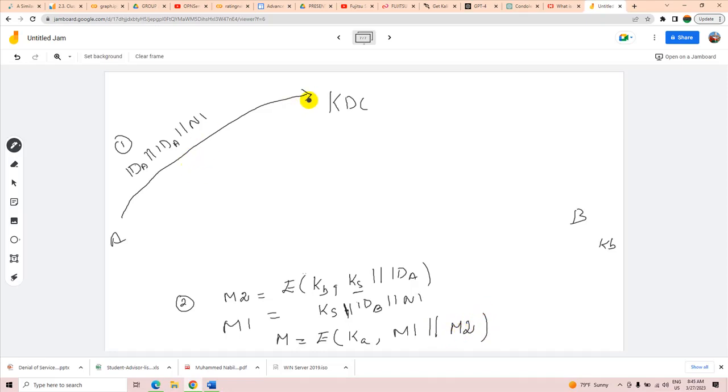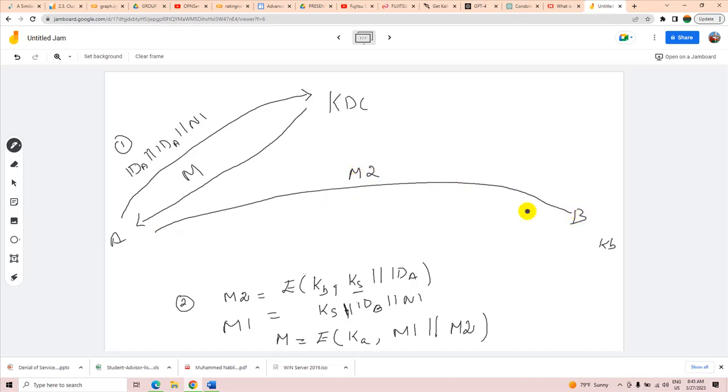So now the KDC would send M to A. Now A will send M2 to B. So this is second, this is third. This I don't want to give a number. This is created by the KDC.